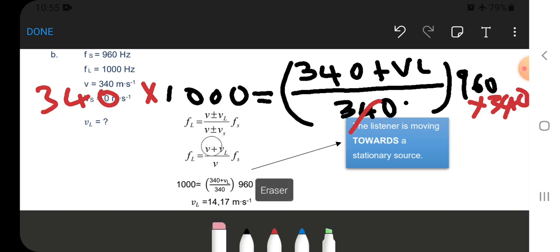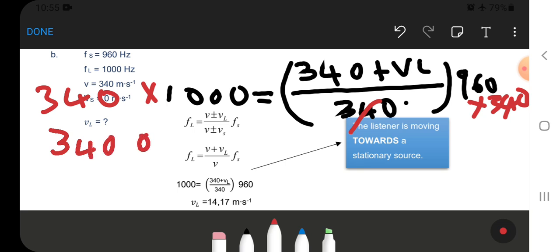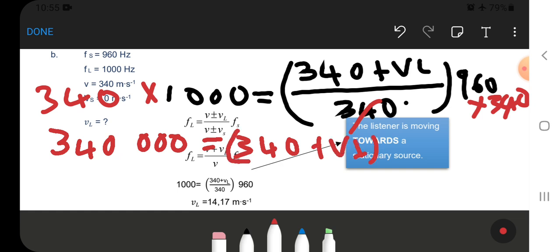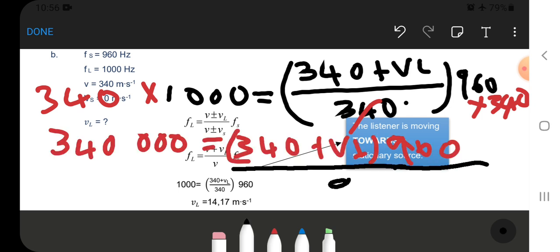And that will give us 340,000 equals 340 plus VL, the velocity of the listener, multiplied by 960 on this side. The next thing, we want to get rid of this 960, so we divide by 960 on both sides.